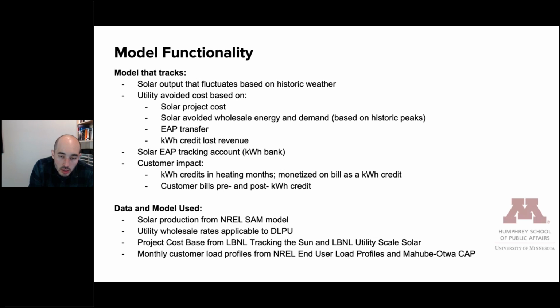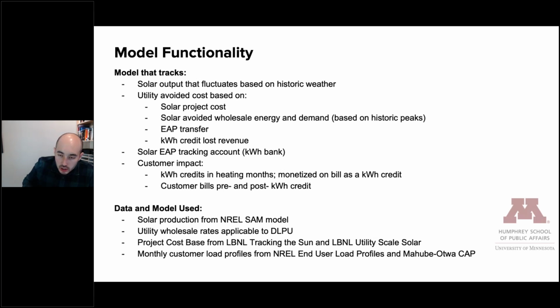Then for the customer impact, we have these sample bills from Mahube-Otwa's actual energy assistance recipients over the last couple of years. And so we're going to use their monthly consumption to try to actually simulate, what would it have looked like for those customers to have been on this program historically? What would their bill look like before and after this solar kilowatt hour credit was applied?